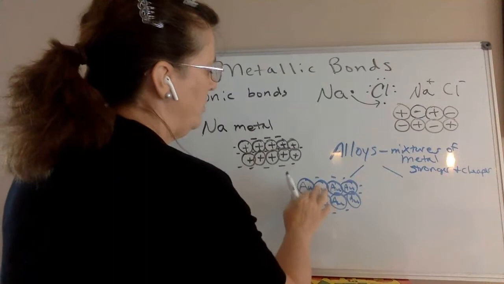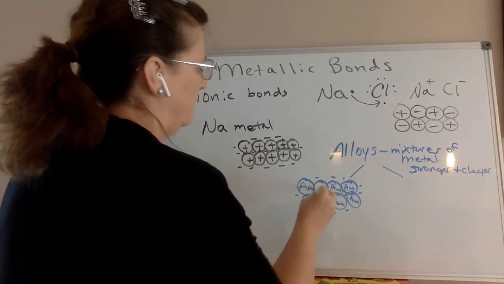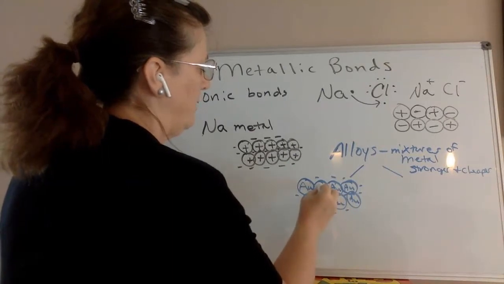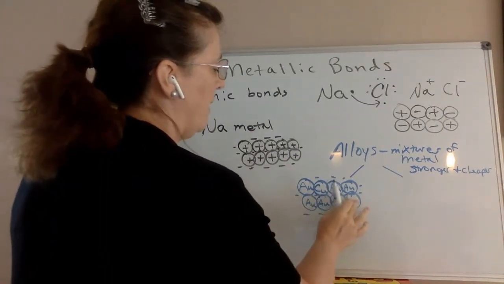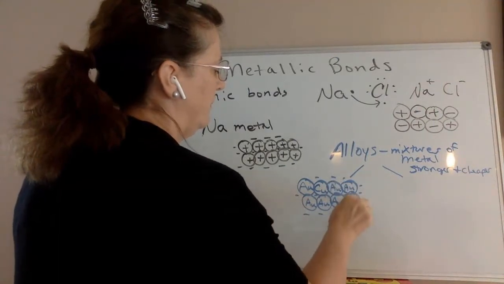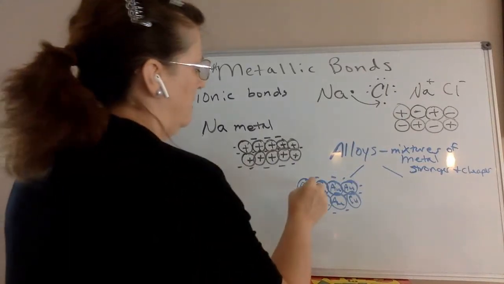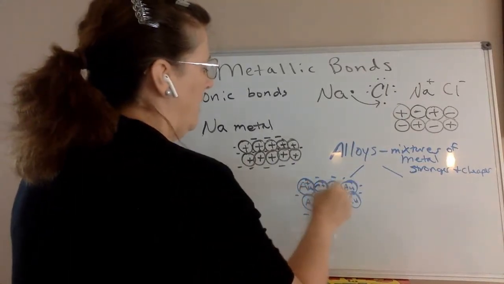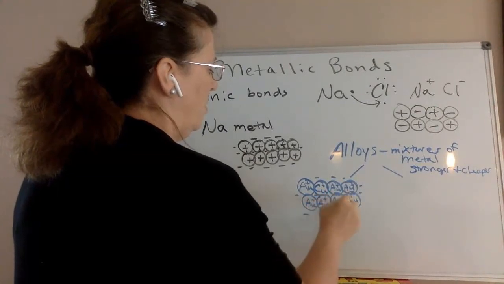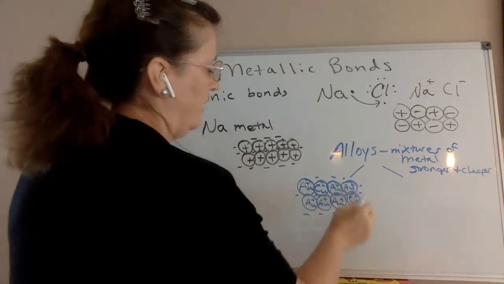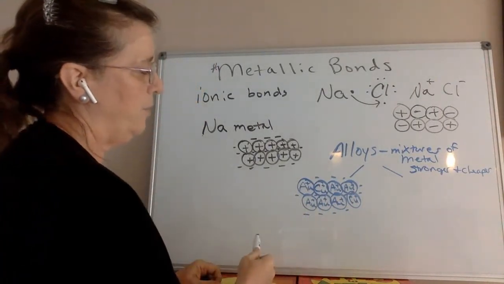So what I'm going to do is, since copper with the gold makes a yellow gold, it's very common, I'm just going to put in a few copper atoms in here. Copper is about the same size. So then the copper atoms also contribute electrons to the cloud, but it provides more stability for the gold.